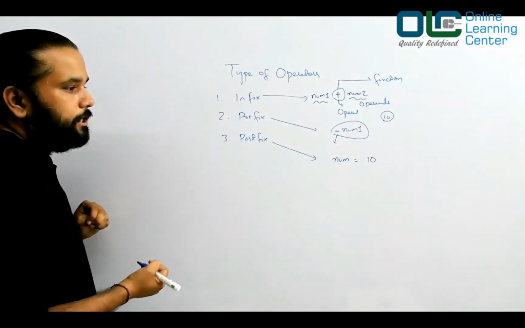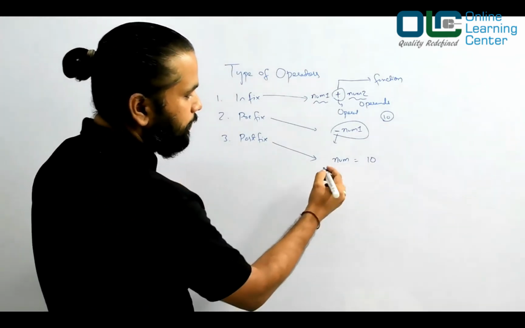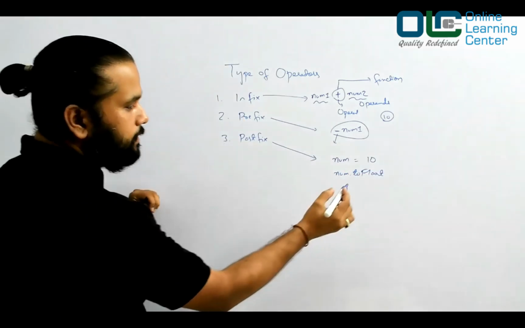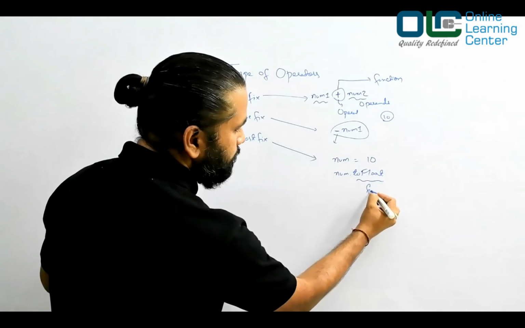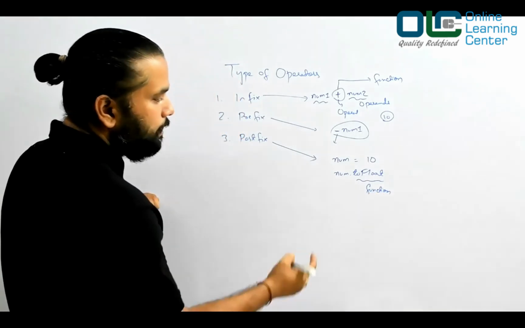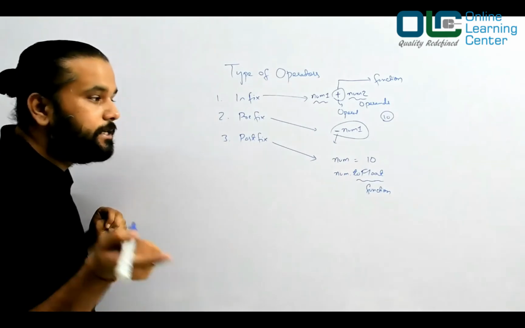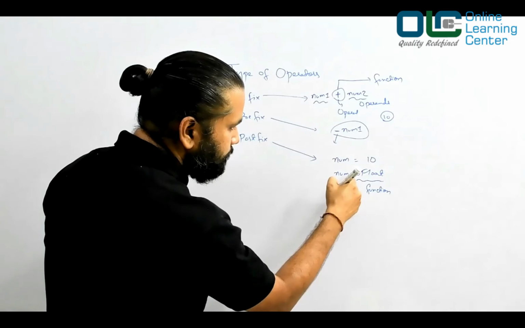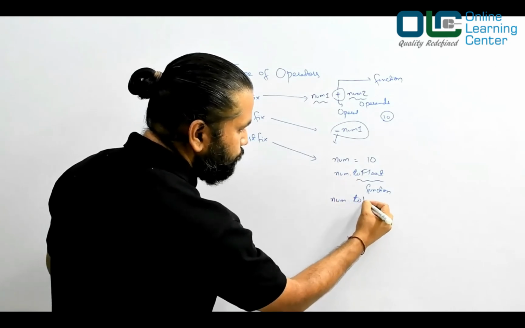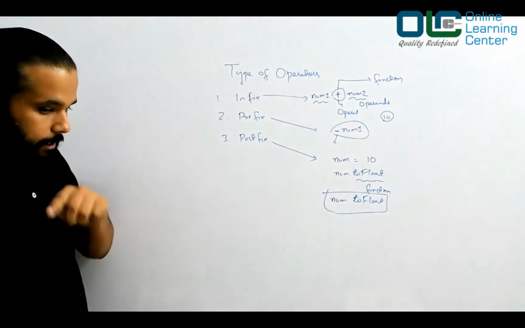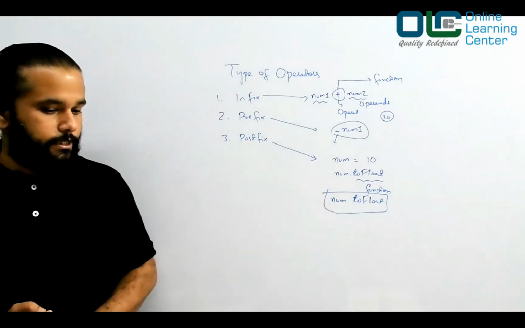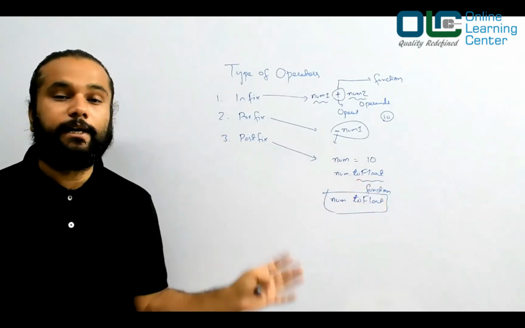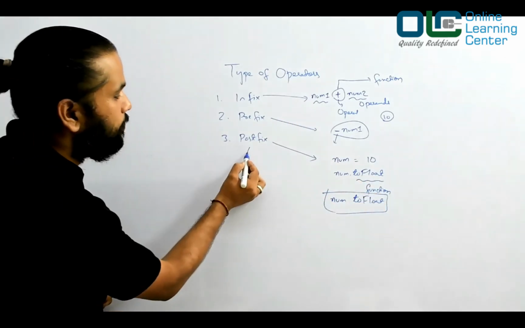I want to convert this into float or maybe double, so I'll say num dot toFloat. This toFloat is basically a function, but you're calling it at the end. Can I ignore the dot and just use toFloat? Probably yes. If you are doing this, then toFloat is acting as an operator, but you have specified it at the end, and hence this is called a postfix operator.